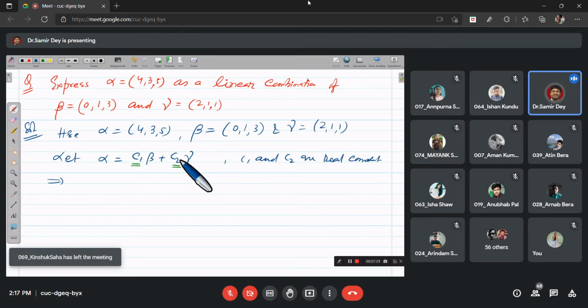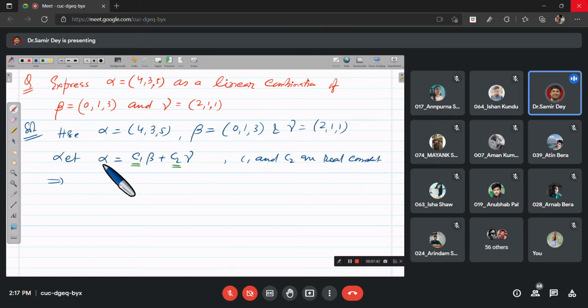Suppose you have a question in your mind, sir, if we are unable to identify the real values of C1 and C2, then in that case we can say that alpha cannot be expressed as a linear combination of beta and gamma. Is it clear to all of you?